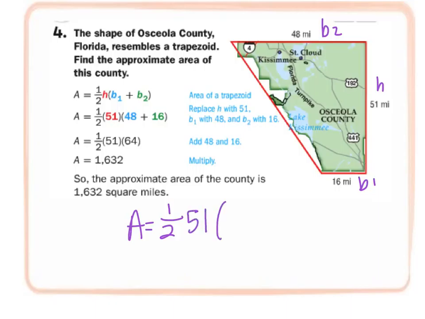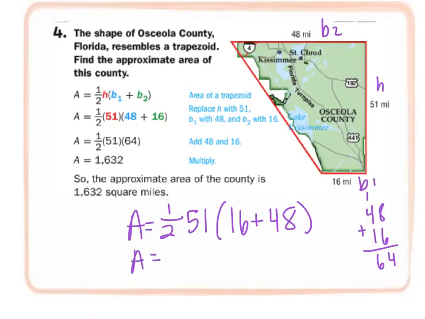Okay, half of 51 plus 48 plus 16, or 16 plus 48. Yeah, I should probably do it like the formula says. So 16 B1 plus B2, 48. Okay, and then when I solve that, I'm going to get 48 plus 16, 64.